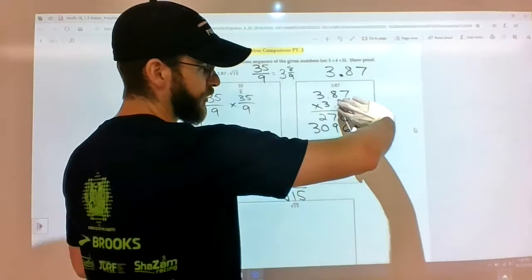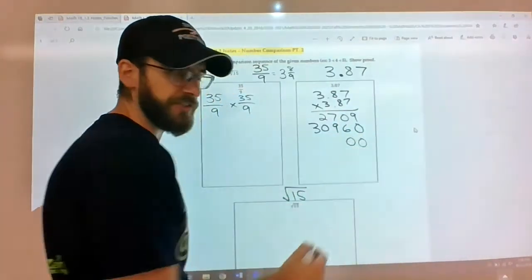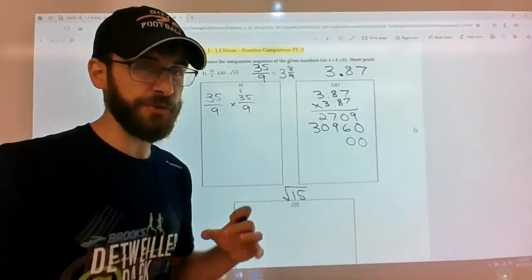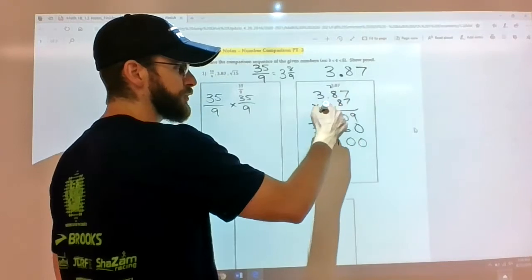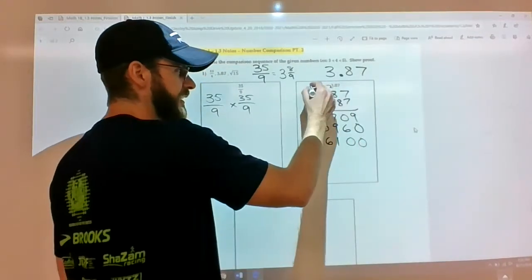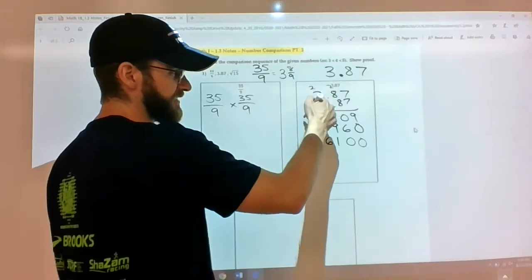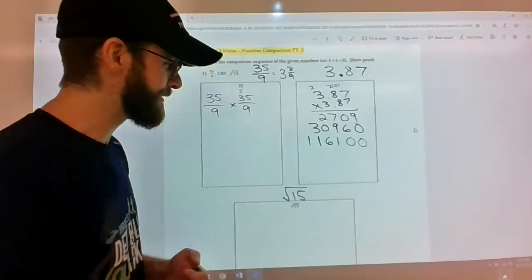Now again, I'm ignoring both the 8 and the 7 on the bottom, which means we've got two digits that we're ignoring, but we're just assuming they're zeros. So I'm taking 3 times 7 is 21, carry the 2, 3 times 8 is 24, plus 2 is 26, carry a 2, 3 times 9 is 27, plus 2 is 29, 3 times 3 is 9, plus 2 is 11.